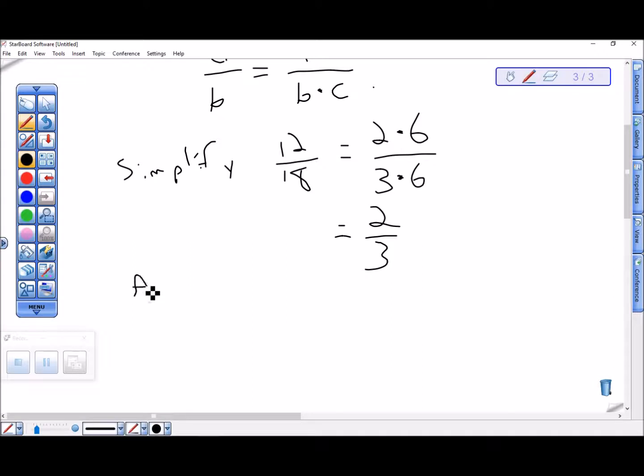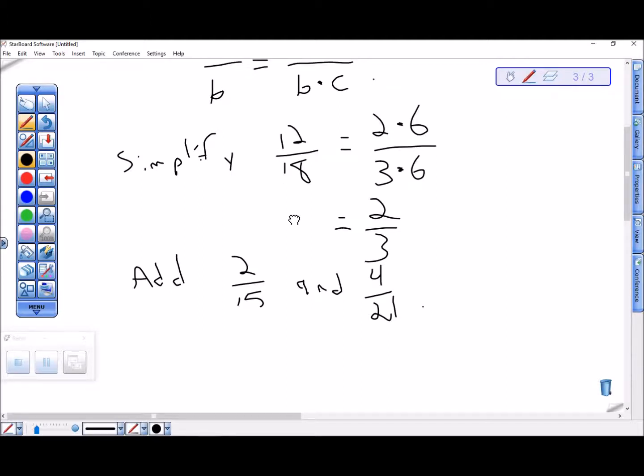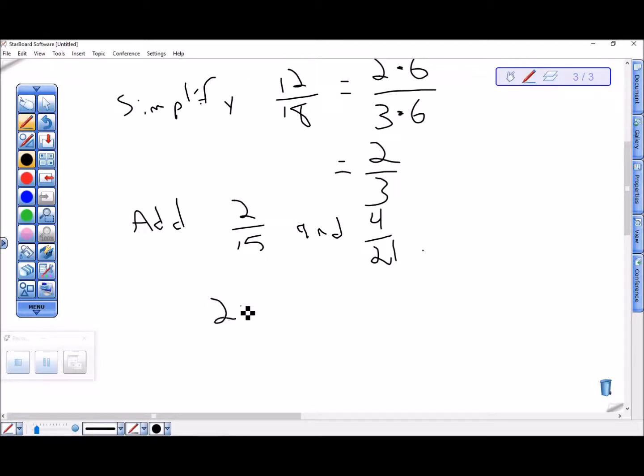If I wanted to add, or subtract, 2/15 and 4/21, I will use this property to build these up so they have the same denominator. Specifically, I would rewrite 2/15 as 2 times 7 over 15 times 7, which would give me 14/105.